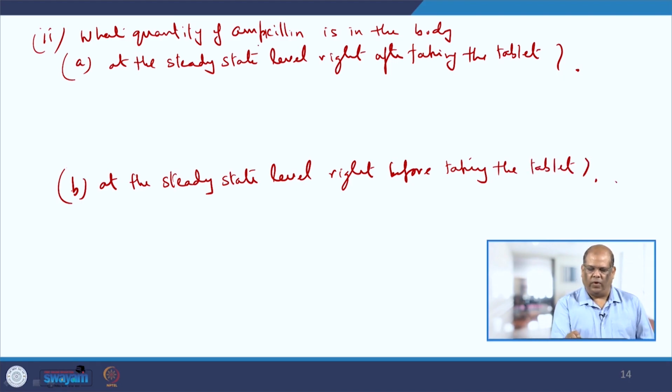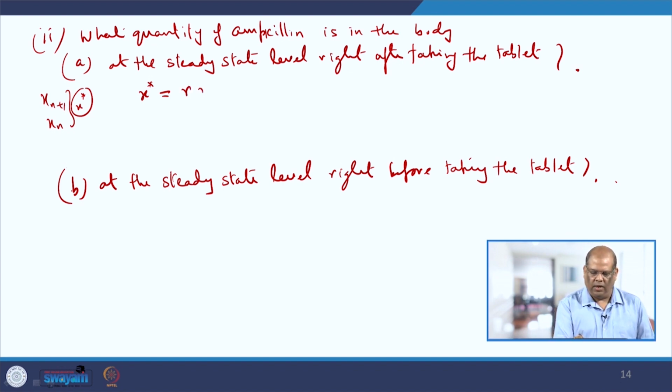So, the first question is, what is the quantity of ampicillin in the body at the steady state level right after taking the tablet? We know that the equilibrium point or the steady state is obtained by replacing n plus 1 and xn with x star, as there is no change from n to n plus 1.